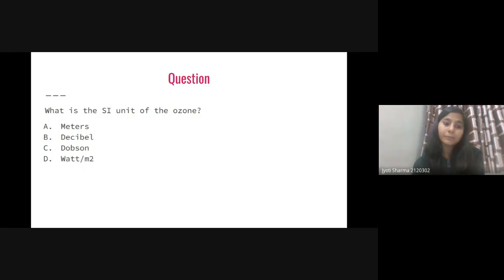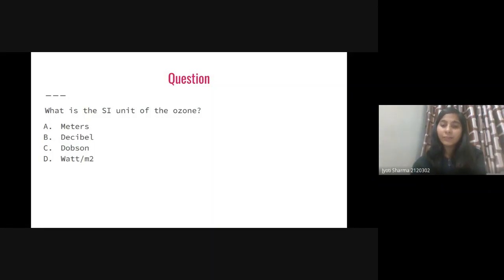Dobson is a unit of length, and meter is also a unit of length. But if we are talking about the SI unit, then obviously this is Dobson. Both the Dobson and meter measure length only, and that's why I say no doubt the SI unit of ozone is Dobson.